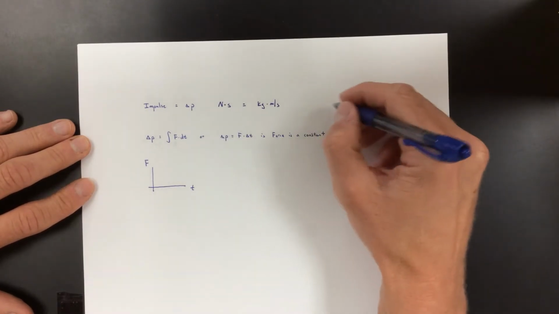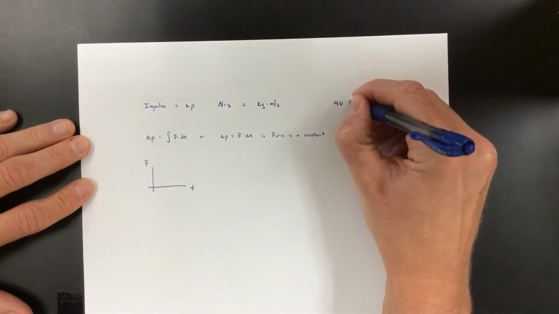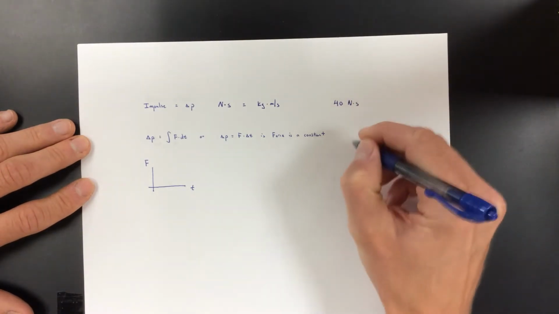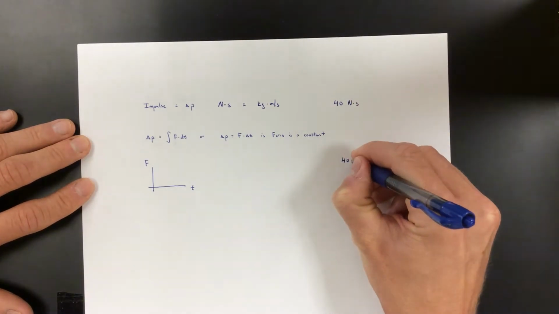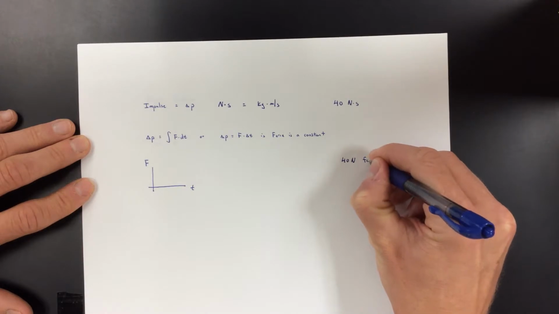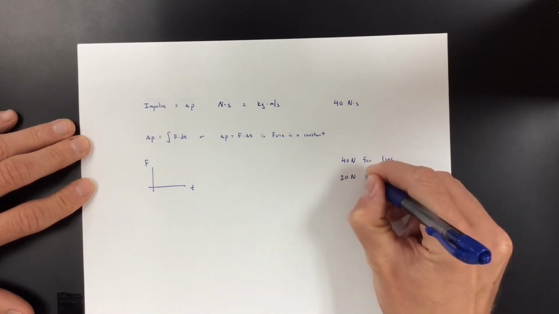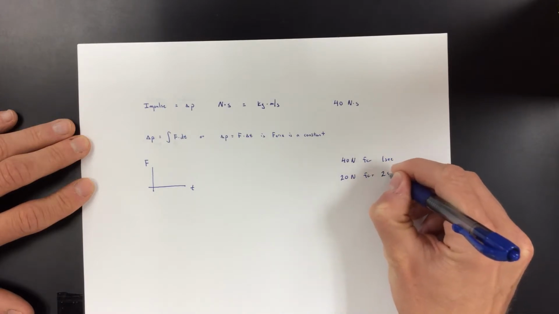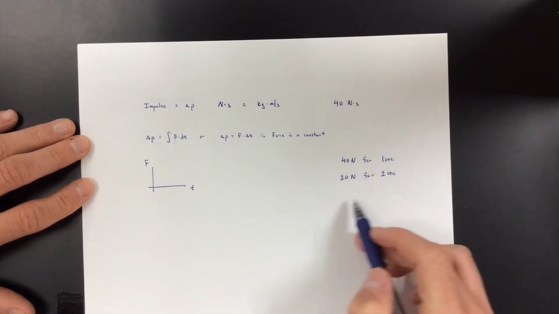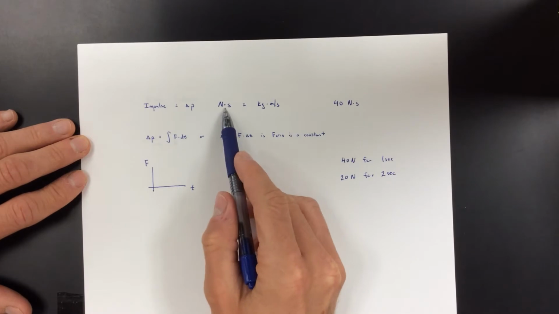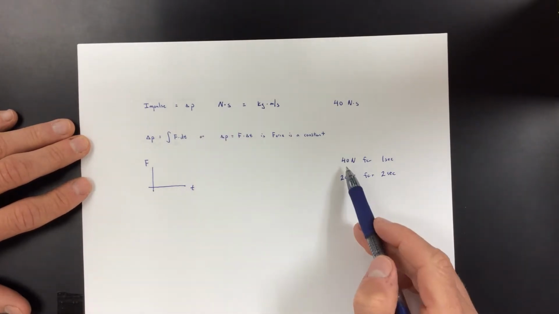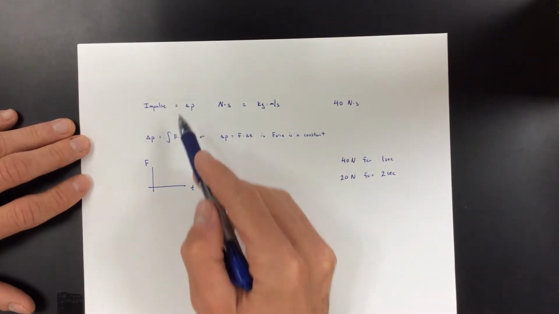So if I give you a 40 Newton second impulse, that could be me giving you 40 newtons of force for 1 second, or obviously we can do this as many times as we want: 20 newtons of force for 2 seconds. That's a 40 Newton second impulse. That means I've changed momentum by 40. That's not a change in velocity, it's a change in momentum.